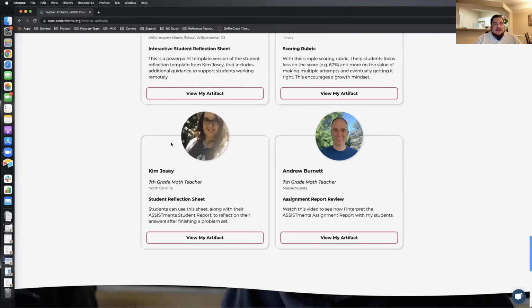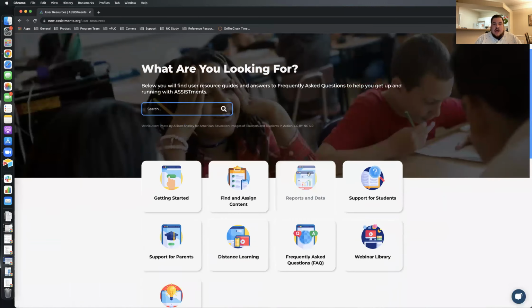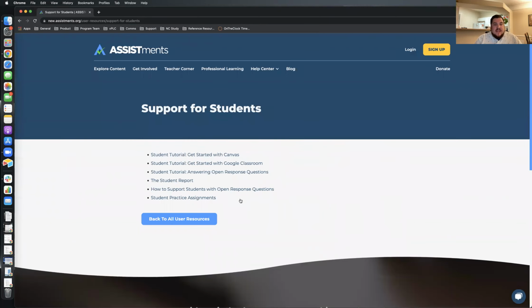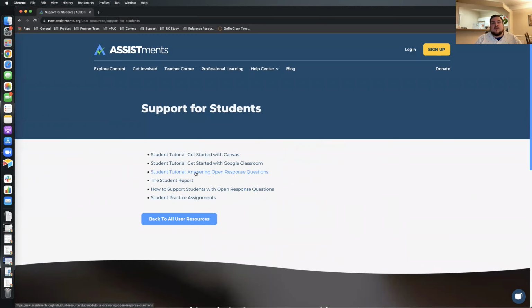And so when I'm on the ASSISTments website, I can access a variety of helpful user resources right here by clicking Help Center and going to User Resources. And so we have our user resources organized according to different topics. One of the resources that appears in our equity guide for ASSISTments teachers is the tutorial on answering open response questions.